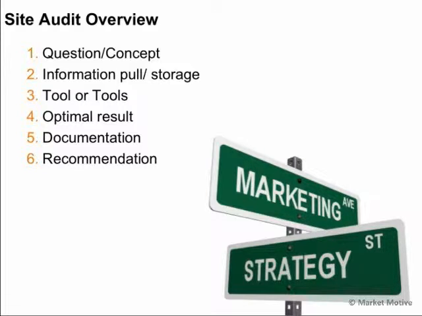Certainly we're going to look at what might be the optimal result for the site that we'll use as an example here, and then document the different types of problems that arise from this question and this information, and then we'll try to make a recommendation around what that optimal result would be for the site owner, for the developer to change, so that we end up with a site that's optimized from the process of this site audit.